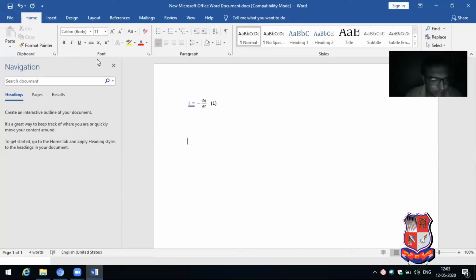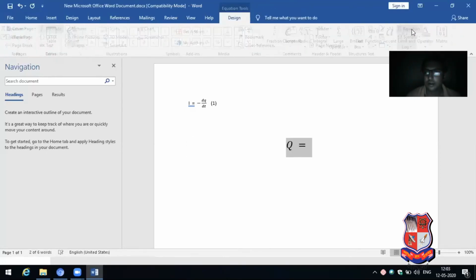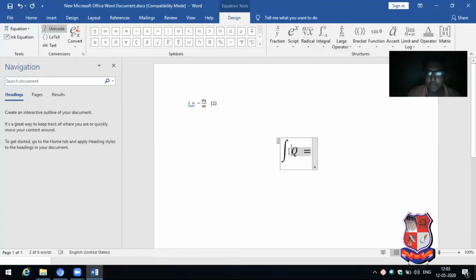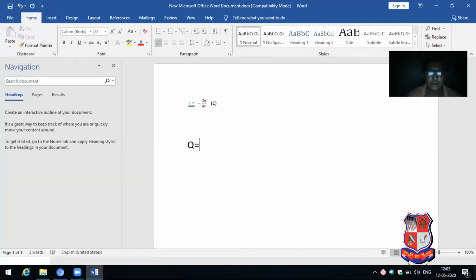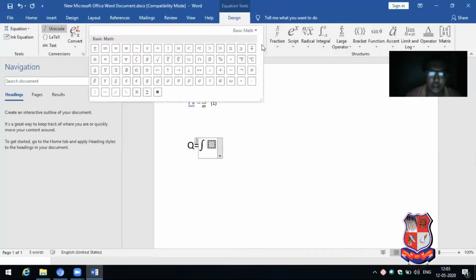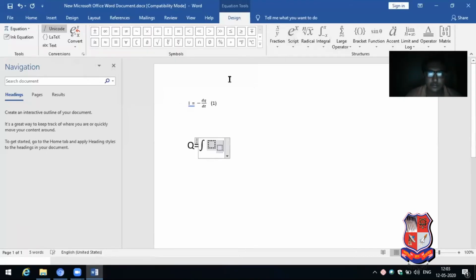Now q equal to volume integral rho v dv.